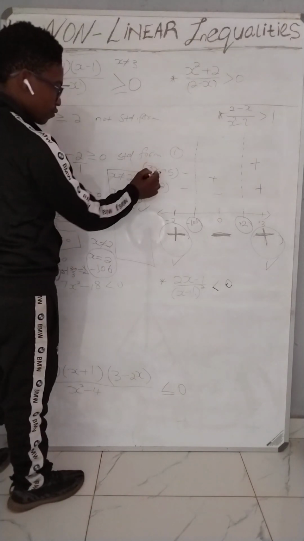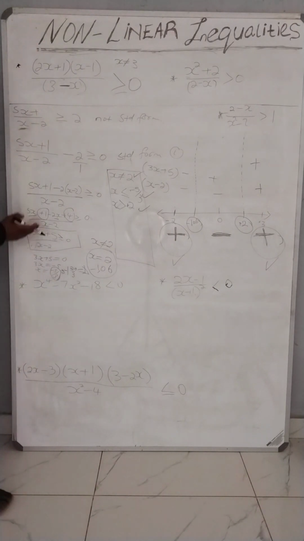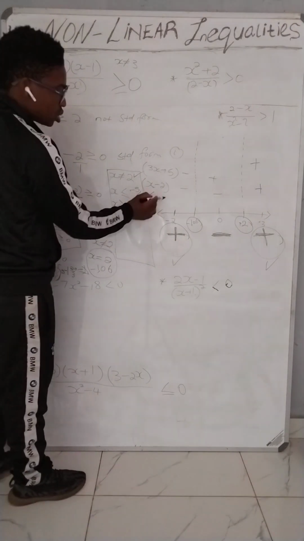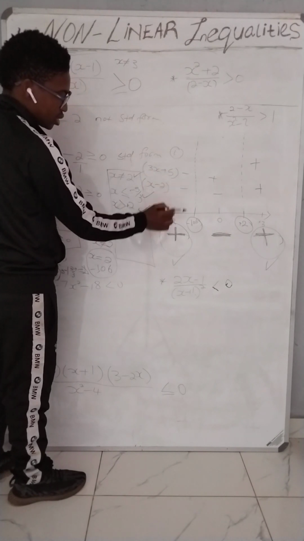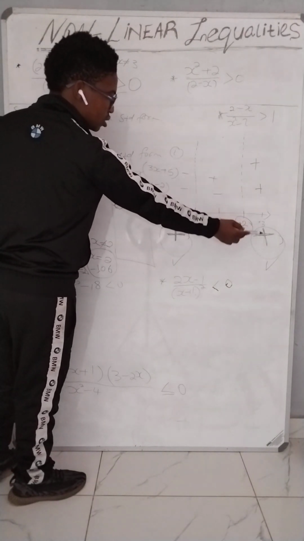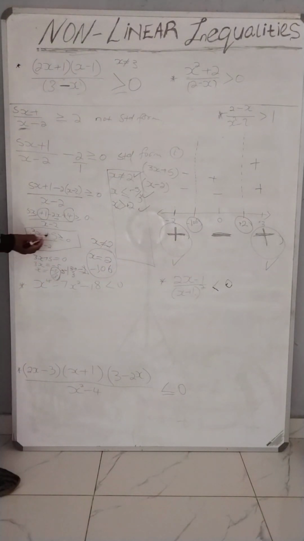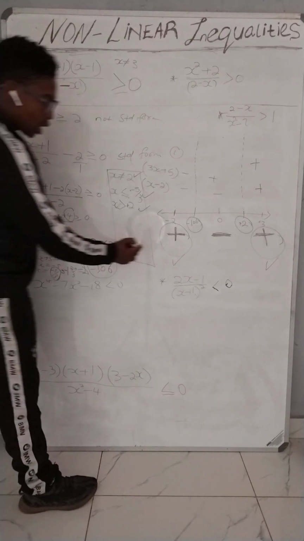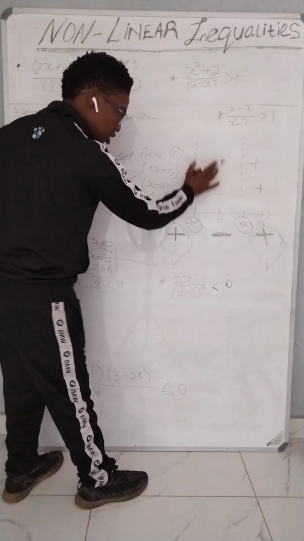You plug them here and test. Because you have this divided by that, negative divided by negative is positive. Positive divided by negative is negative. Positive divided by positive is positive. Then you come back and say my expression is bigger than or equal to 0, meaning that my answer must be positive. You have positive here and positive there, so your x is here, it's not here.